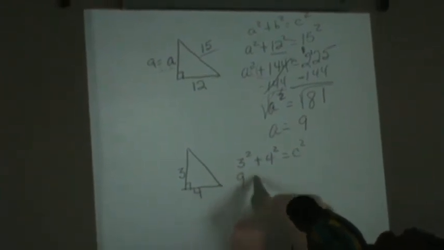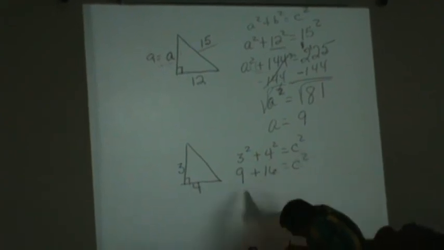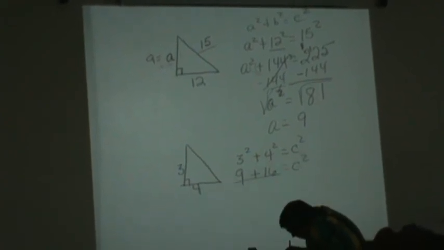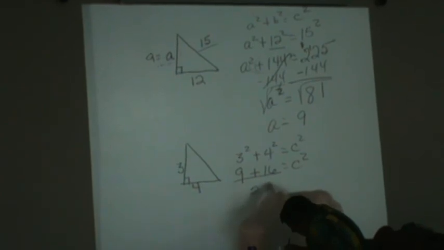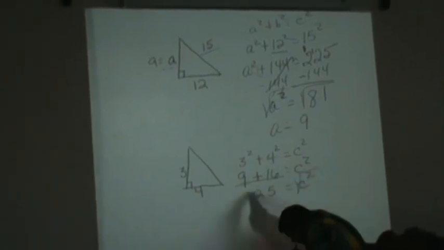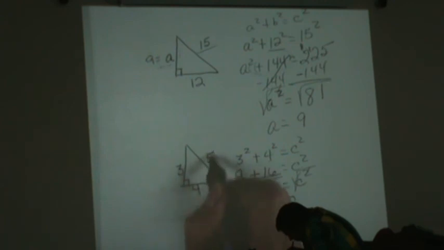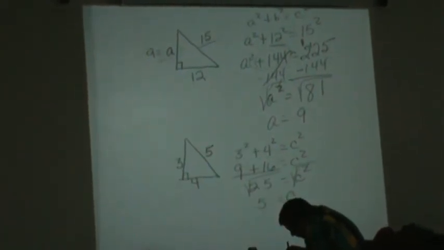We have 9 plus 16 equals C squared. 9 plus 16? 25. What's the square root of 25? 5. Okay, this is a basic right triangle, 3, 4, 5.